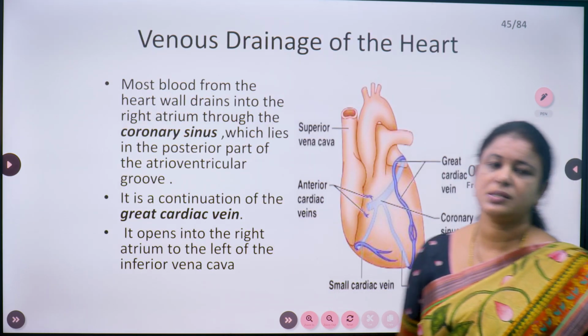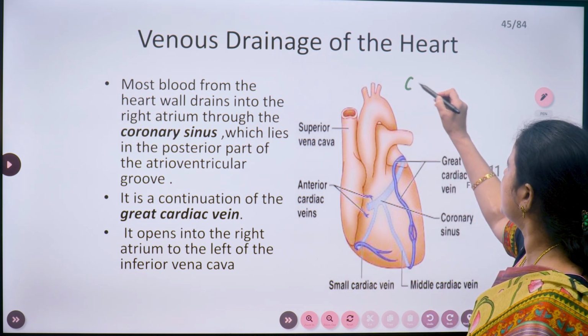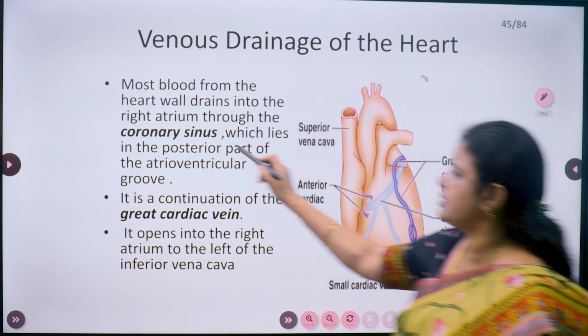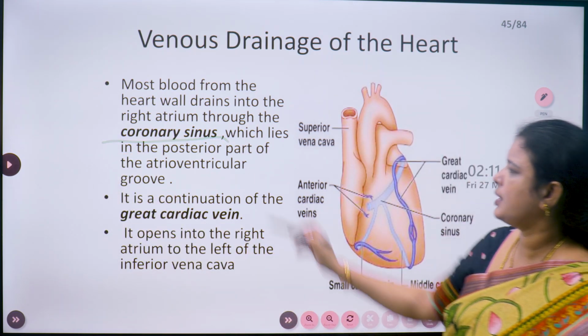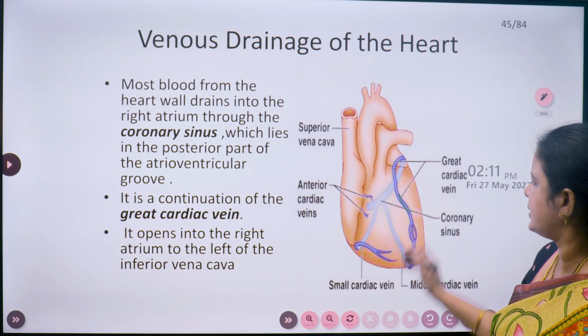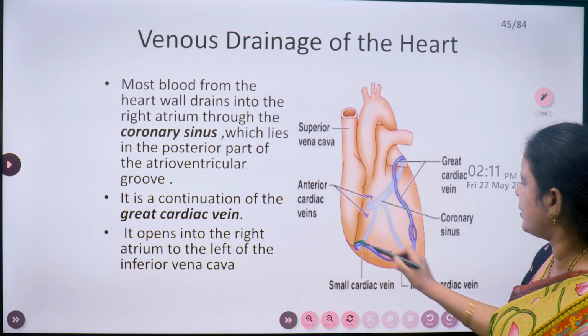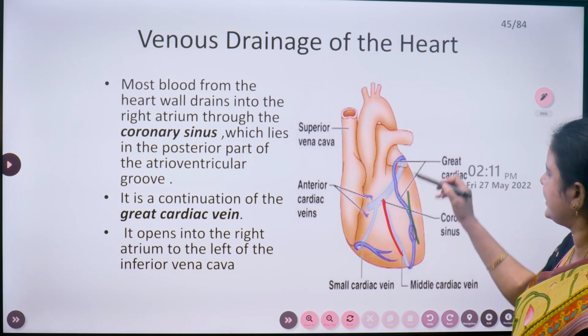Venous drainage. Venous drainage of the heart is mainly by the coronary sinus. All the veins will be drained into the coronary sinus. You can see this is small cardiac vein, middle cardiac vein and great cardiac vein.